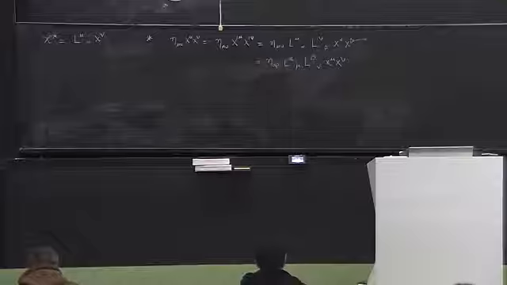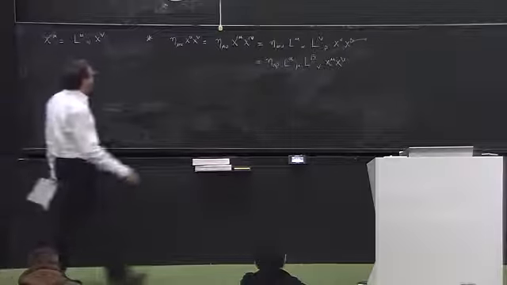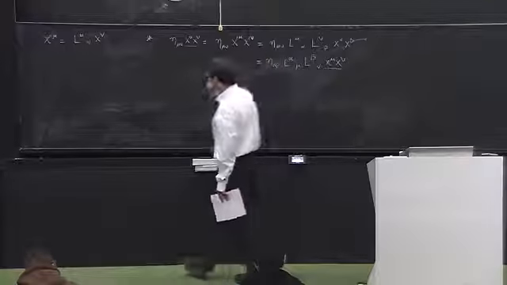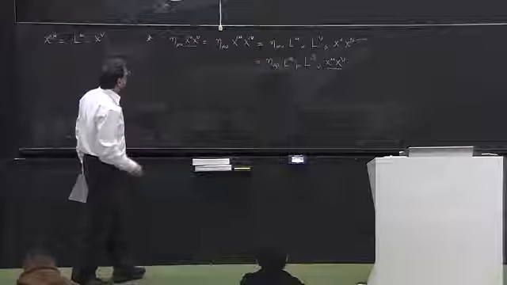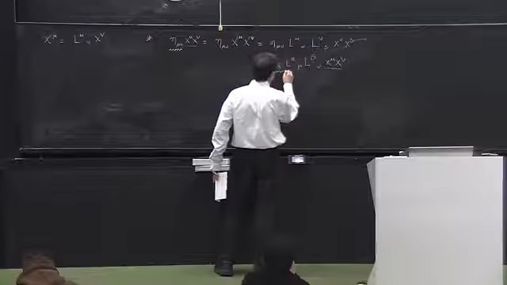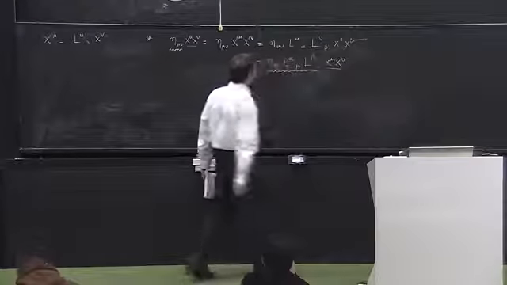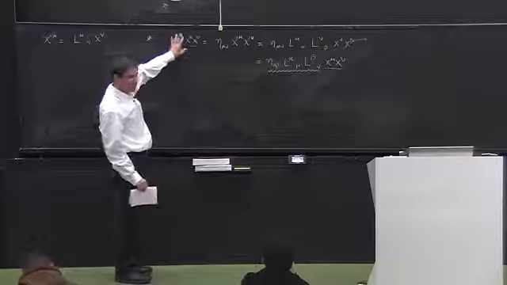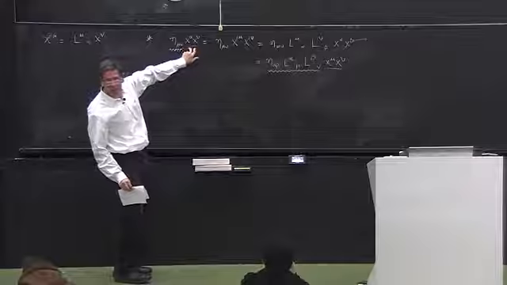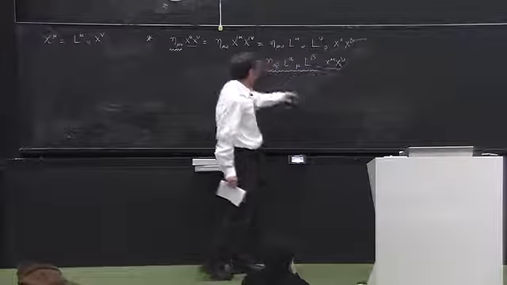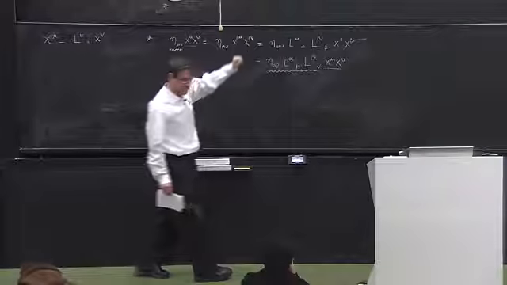So far, so good. Now, the equality of these two sides actually means that these two things are the same. In general, it would mean that the symmetric part of this, because this is symmetric in mu and nu, is equal to the symmetric part of this, because this must hold for any x's.